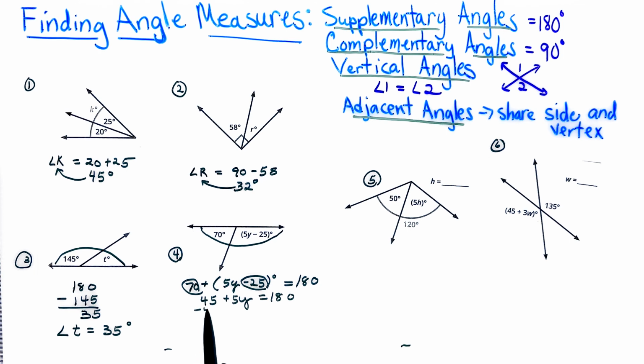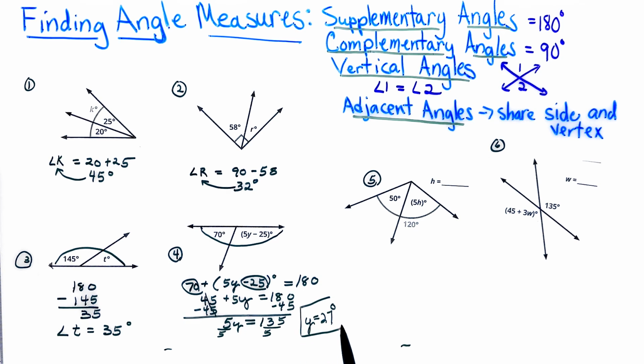Well, we know when we solve equations, you always have to move the number to the other side, so then we can work with the variable. So my 45's cancel out. I have 5y is equal to 180 minus 45, that is 135. And I'm going to divide both sides by 5. And when I do that, I get y is equal to 27 degrees.